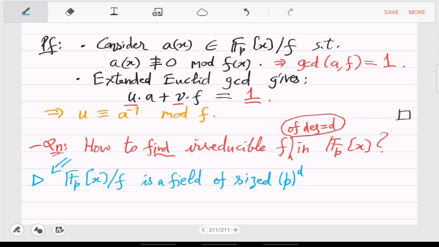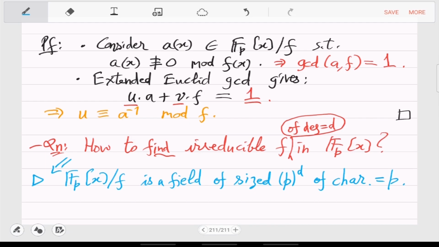And the characteristic of this field is, what is the characteristic? How many times do you add 1 to get 0? Come on, this is trivial. It has to be the same as Fp. Fp is there. So characteristic doesn't change. Right?